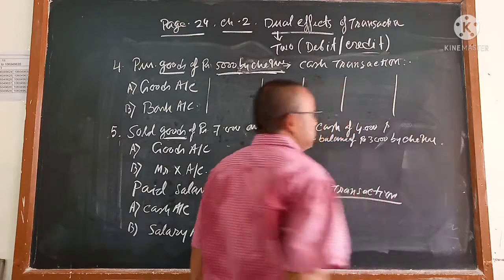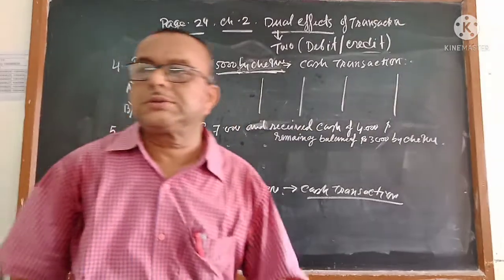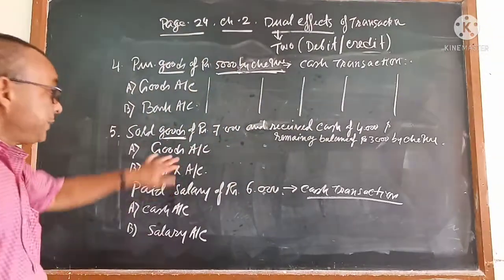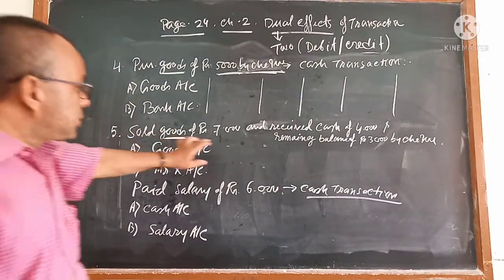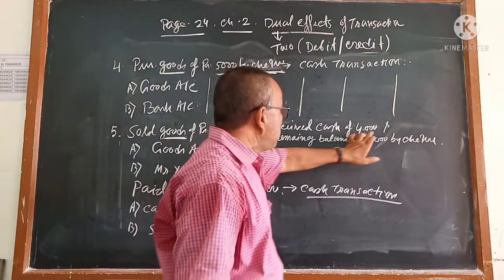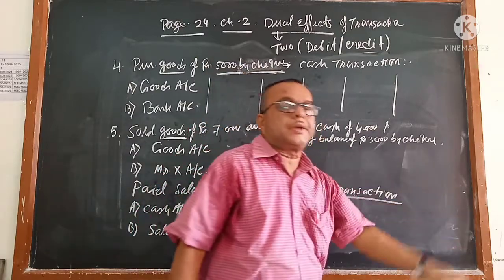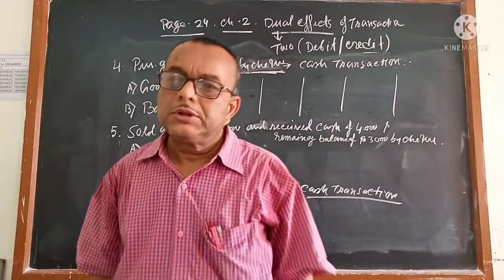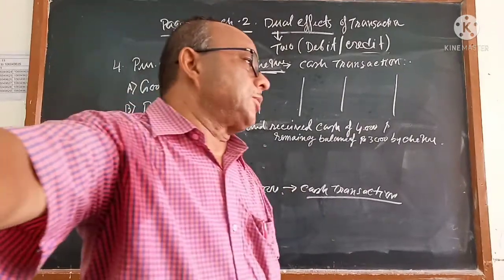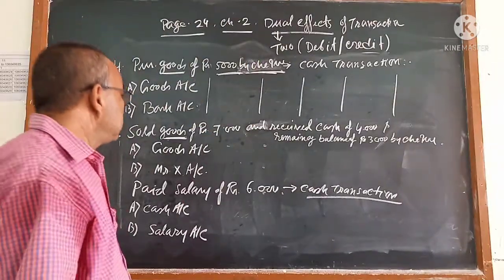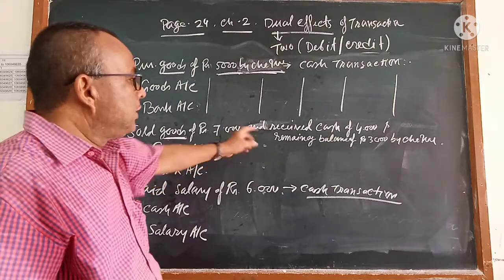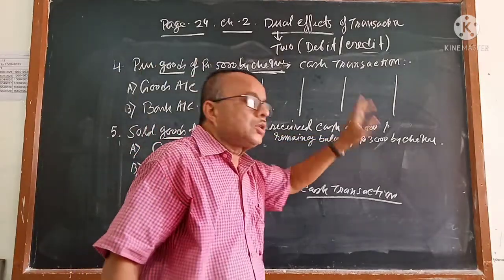See that one. What type of transaction is this? This is a different type of transaction. Sold goods of rupees 7,000, received cash of rupees 4,000 and the remaining balance of rupees 3,000 by cheque. What does it mean? You sold goods of rupees 7,000, and out of that you got 4,000 in cash and 3,000 by cheque.